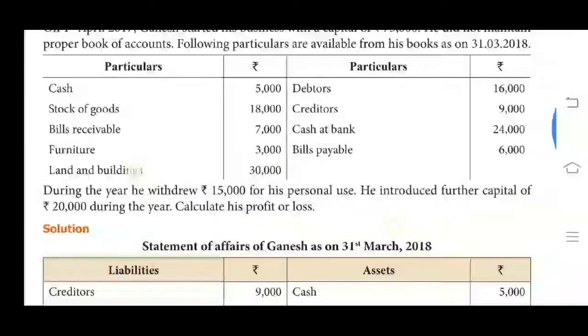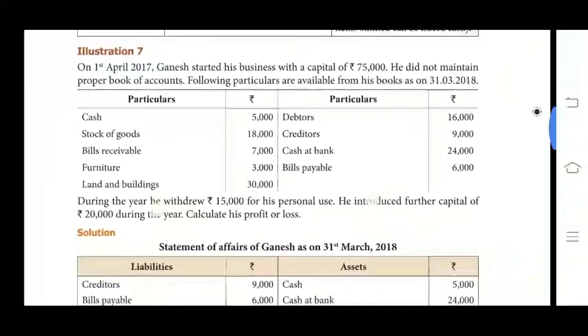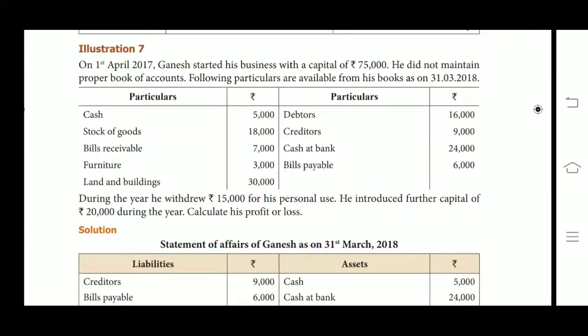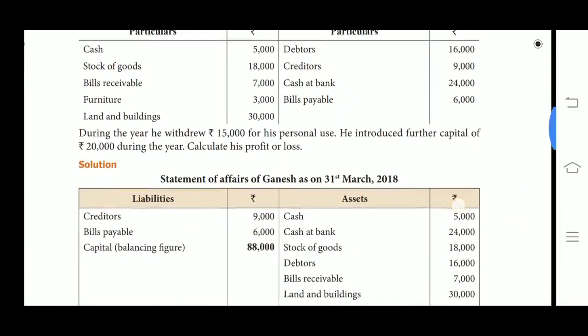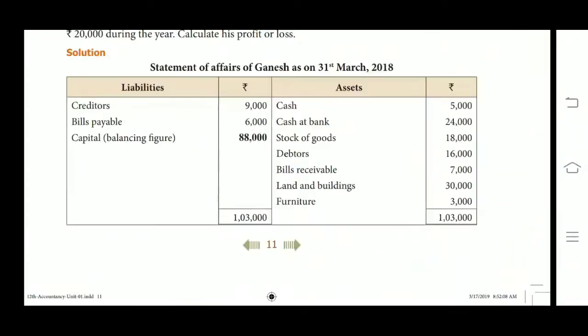So how to find out the profit or loss? With the help of the statement of affairs format. Find out the capital value. Statement of affairs of Ganesh as on 31st March 2018.